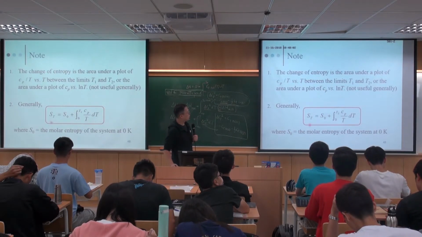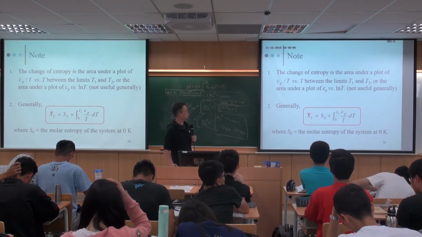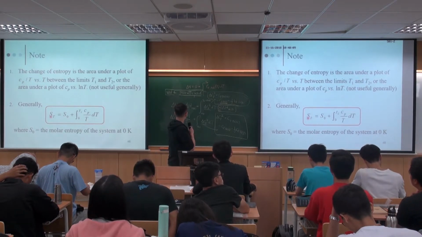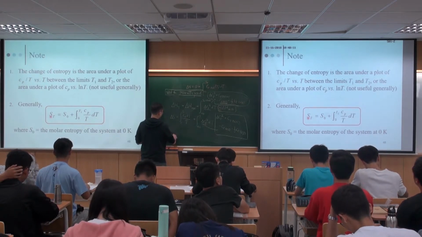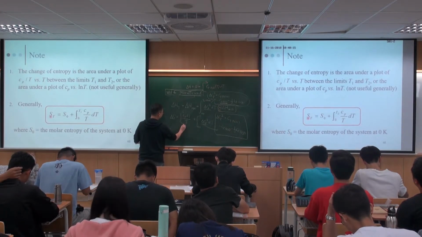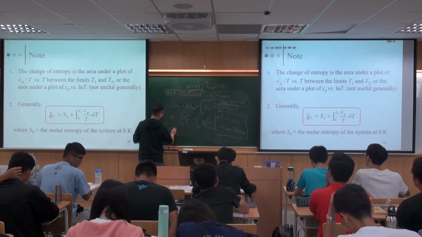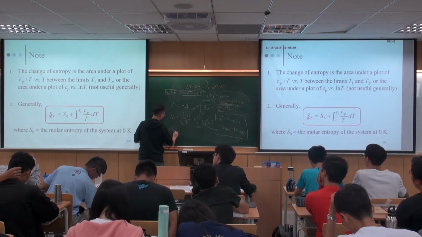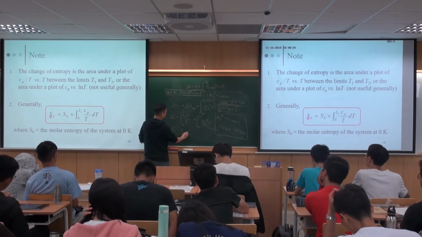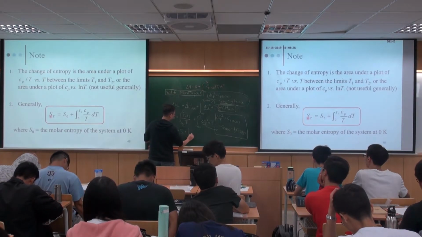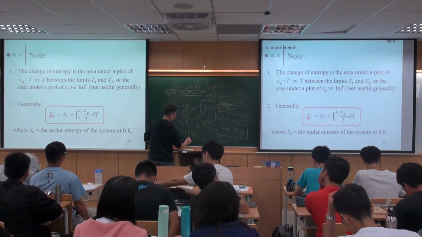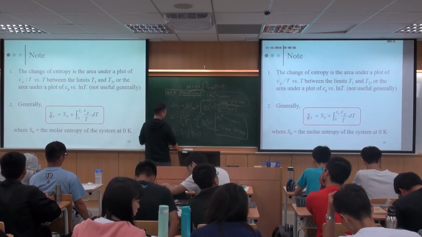So if you want to calculate the entropy of a material at a certain temperature, then based on the equation that we have, we know that S at a certain temperature can be represented as S at 0 temperature plus this integral.